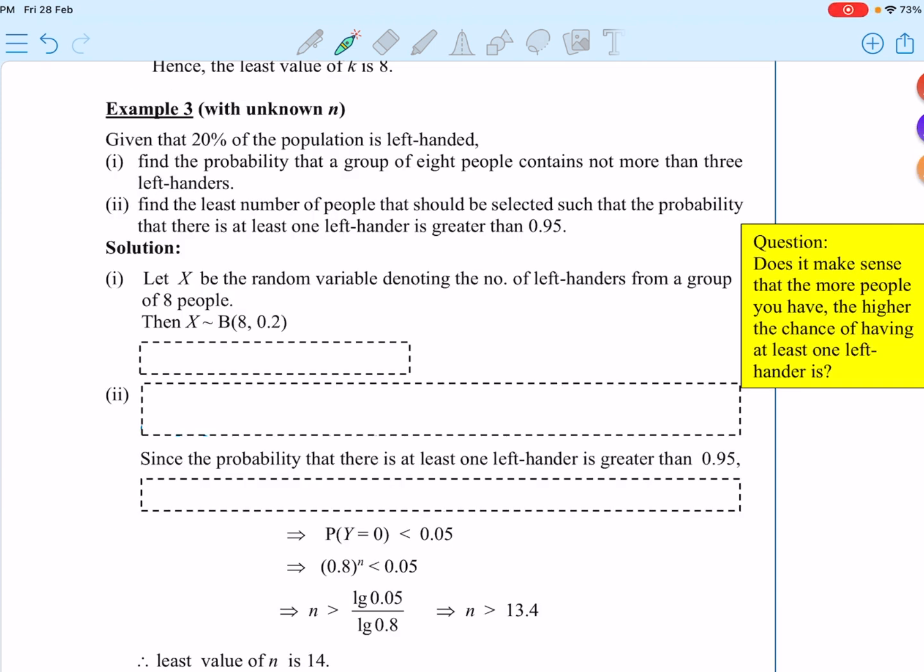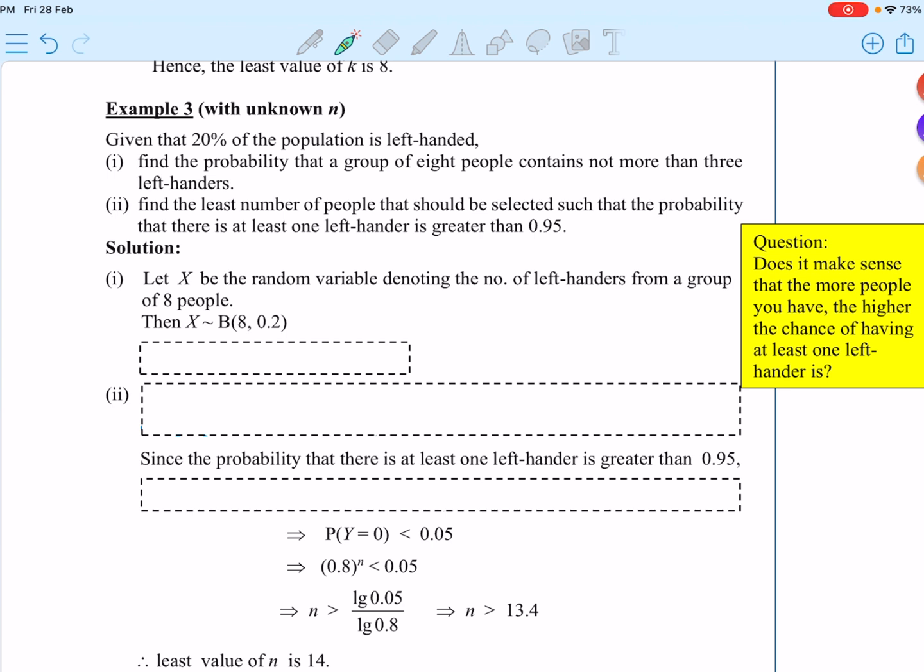For example 3 with unknown n, we are given that 20% of the population is left-handed. We are required to find the probability that a group of 8 people contains not more than 3 left-handers. So first thing is we need to define the random variable x. The random variable x consists of two parts. One is what is your case of success, and the next part is out of how many trials.